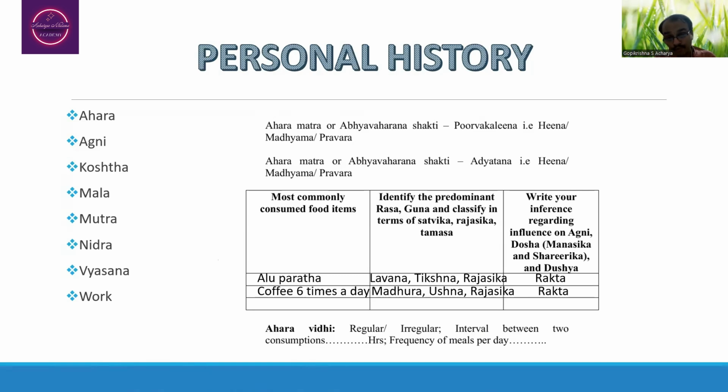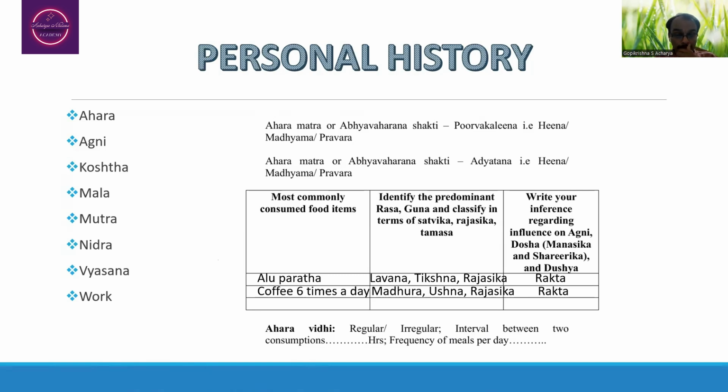Regarding the mala, what kind of mala the person is passing, whether very hard or very soft fecal matter, unformed stools, or properly formed stools, whether the mala is sinking or floating in the water in the lavatory, that should be known.